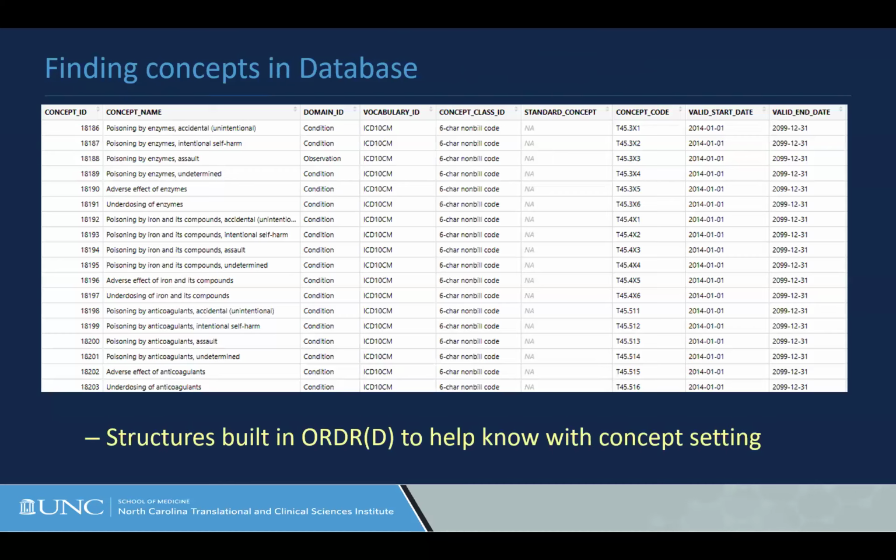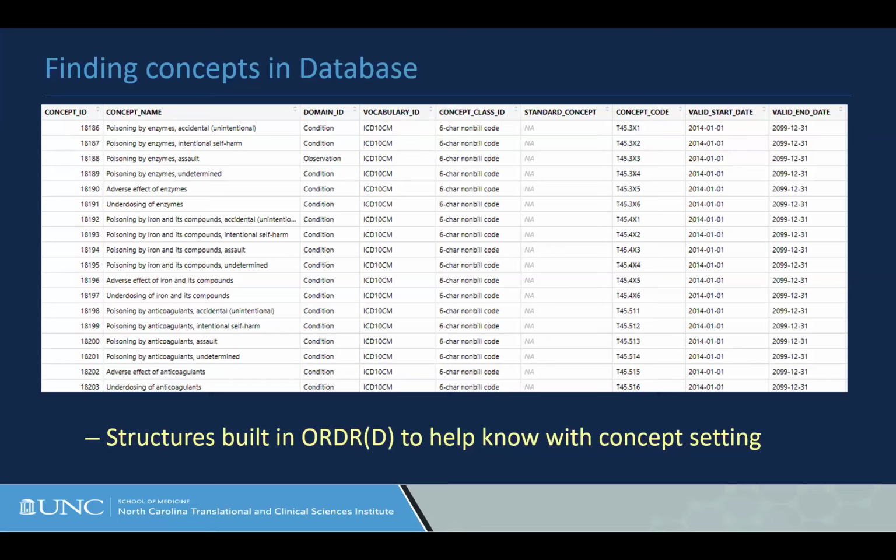So, one piece is, just to go back to this slide, finding concepts in database, right? So you have the full concept table. You can do a couple of different things. You can look through source codes, right? So I think I referenced this briefly before. You can look at the actual source values if you have a list of ICD-10 codes or whatever source codes you have.